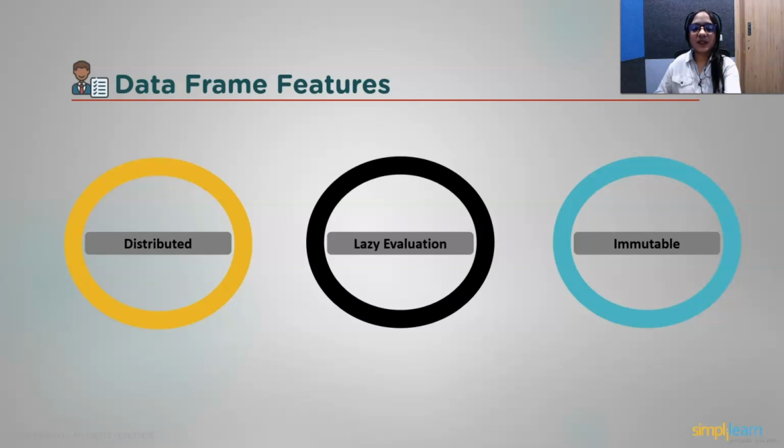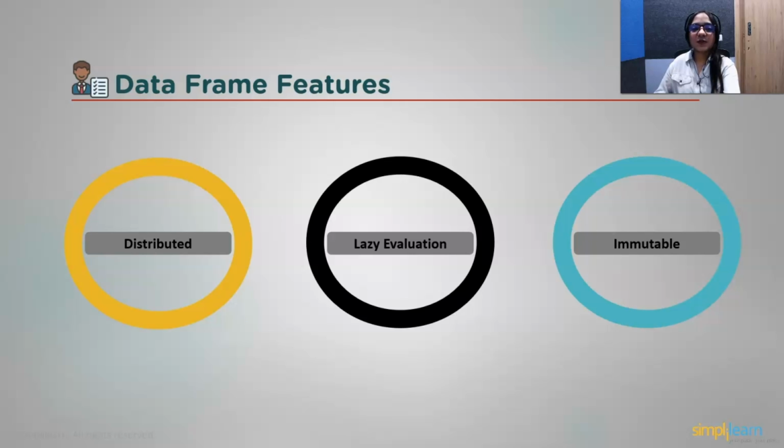The next feature is lazy evaluation. Although Spark is written in Scala, and Scala may be executed lazily, Spark's default execution mode is lazy. This means that up until an action is invoked, no operation over an RDD, data frame or data set is ever computed. Next is immutable.